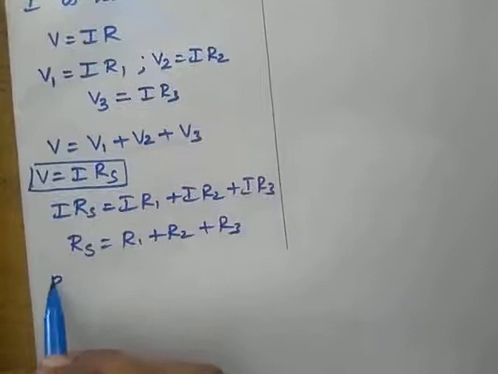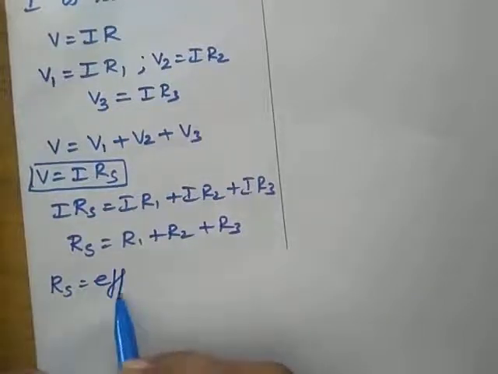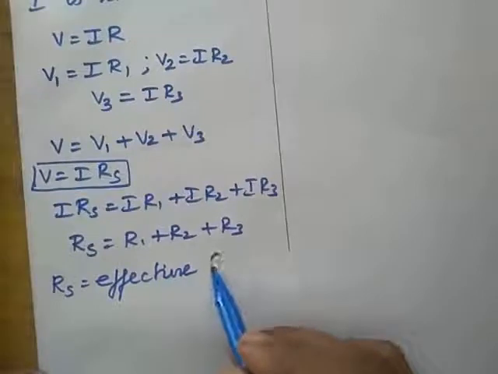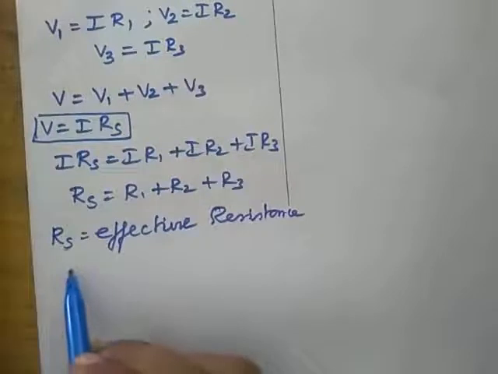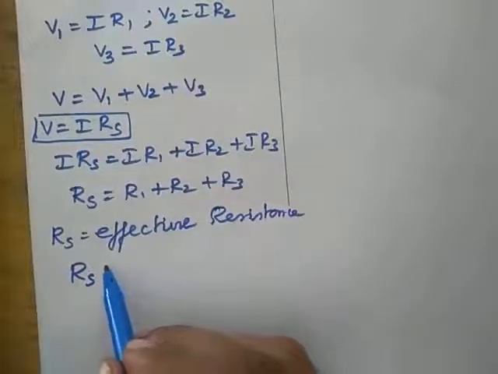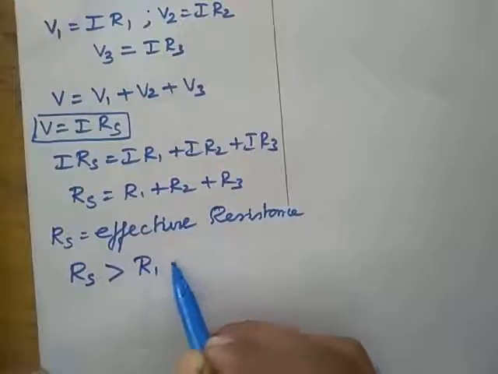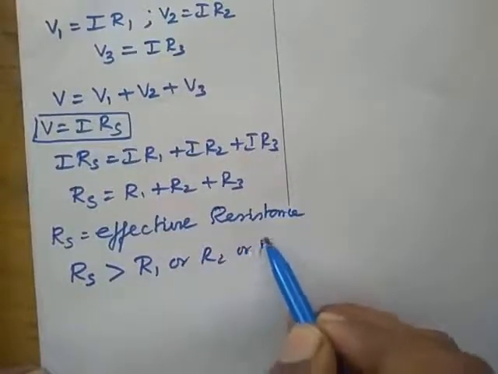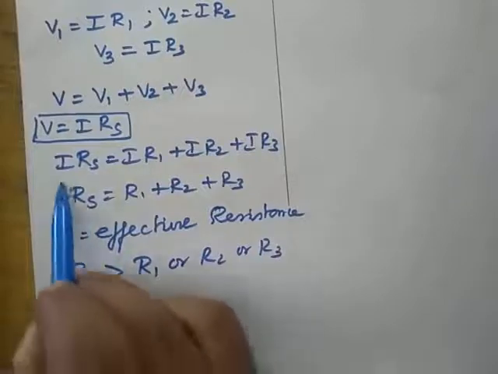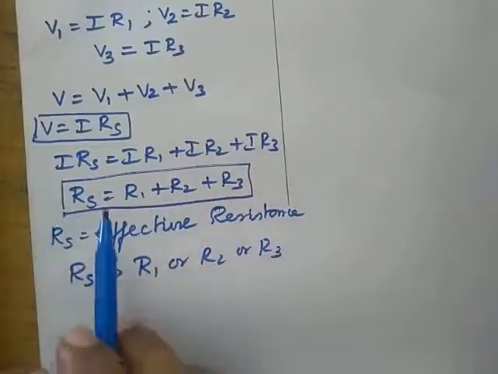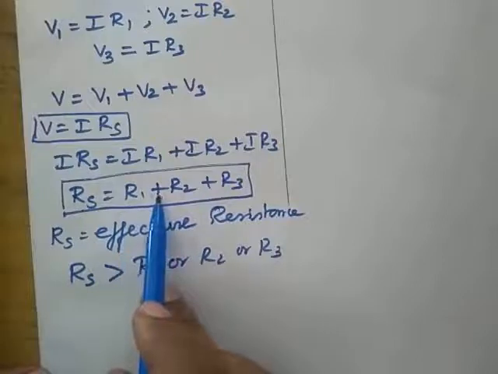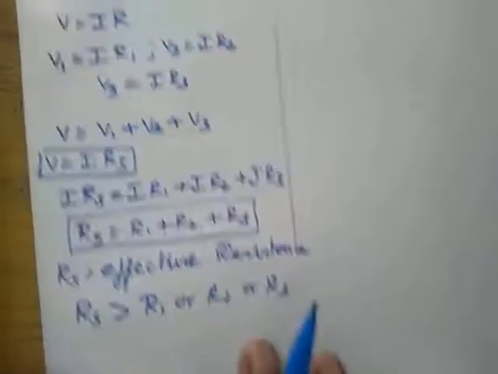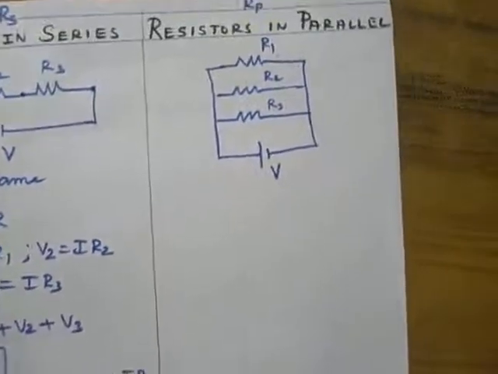Here RS is the effective resistance. In this case, the effective resistance is always greater than any individual resistance. This can be stated as: if resistors are connected in series, the effective resistance is equal to the sum of the individual resistances.